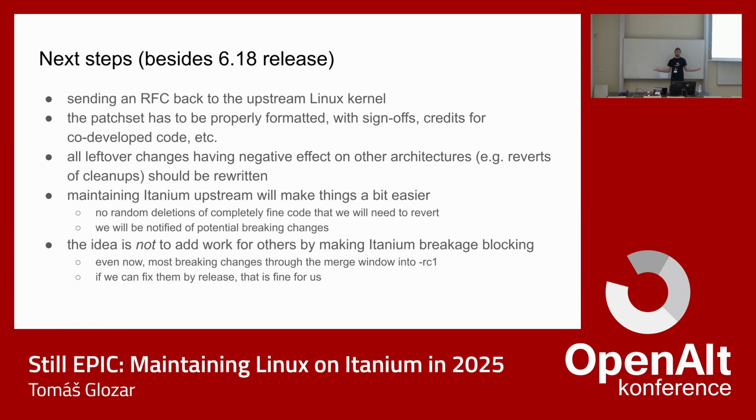But of course, we don't want to put this burden on other developers. And we see that even now most breaking changes arrive in the RC1 release, and it's fine for us if we can fix them by the release. We don't need to be testing all of those RCs. There are not that many active Itanium machines that we run this on, so that would be fine by us.